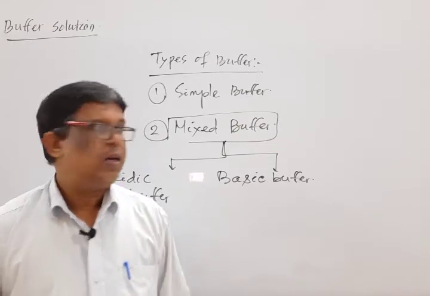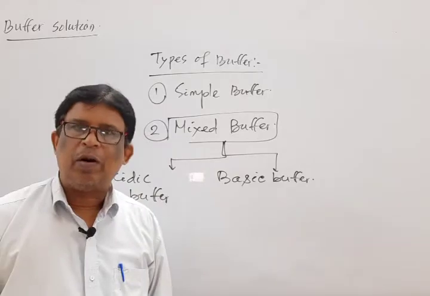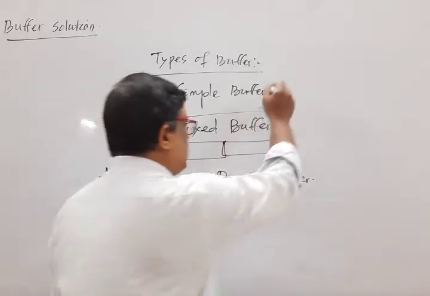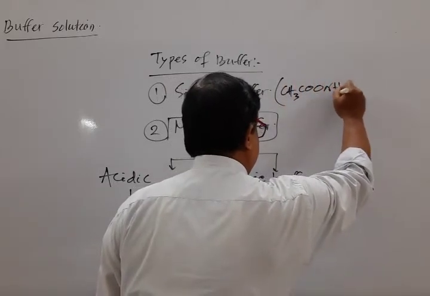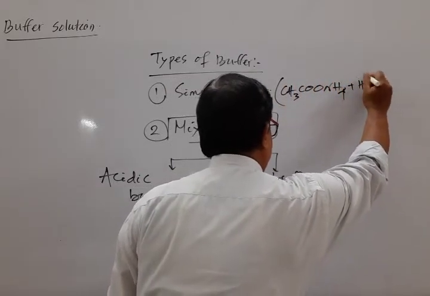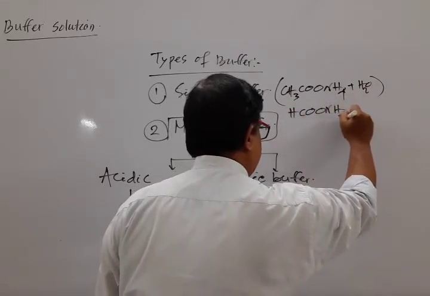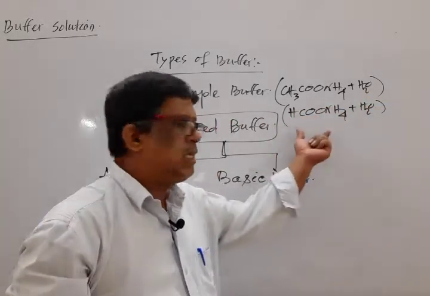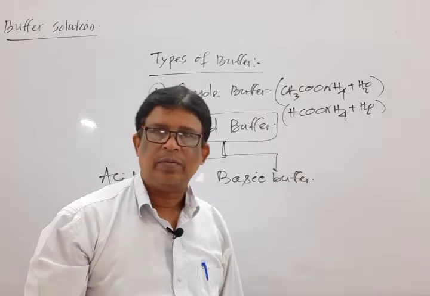I repeat again, buffer solutions are of two types. One is simple buffer, one is mixed buffer. An example of simple buffer is ammonium acetate plus water or ammonium formate plus water. It is formed by addition of a salt of weak acid and weak base with water.